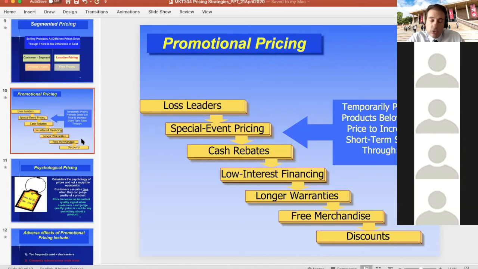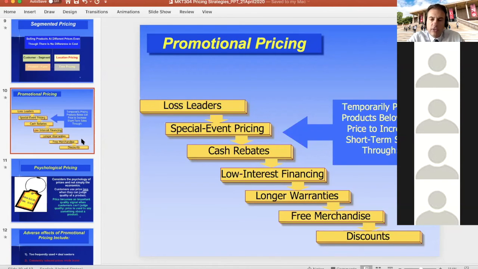And these will be loss leaders. People will go to the store and very few people will be controlling themselves to buy something else. So they will be there, they will buy the loss leader, which will be sold lower than cost, and they'll buy something else.